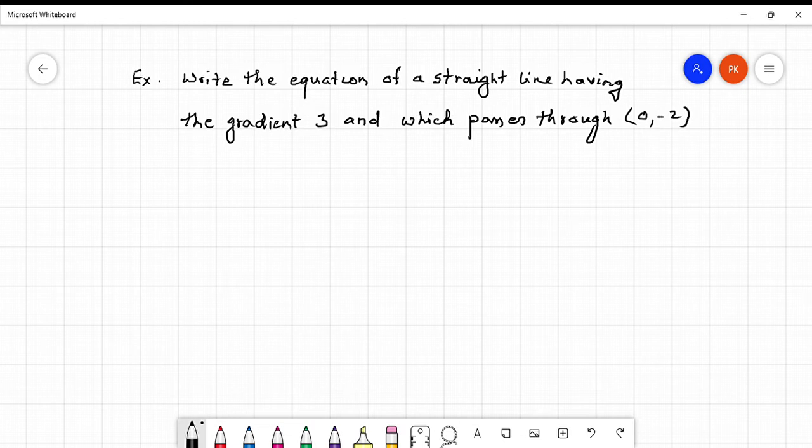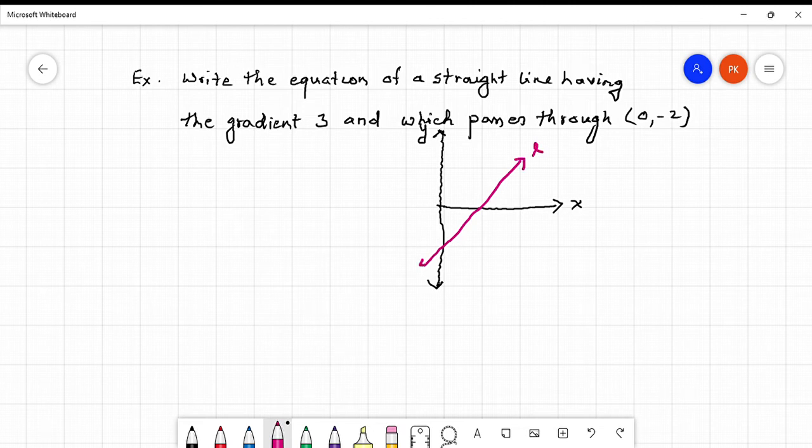Okay, that means I can just sketch this line like this. This is the x-axis, this is the y-axis, I'm just making a rough sketch, and the straight line is passing like this.